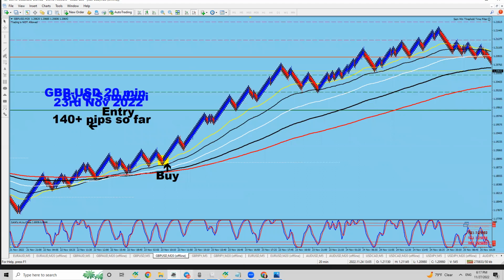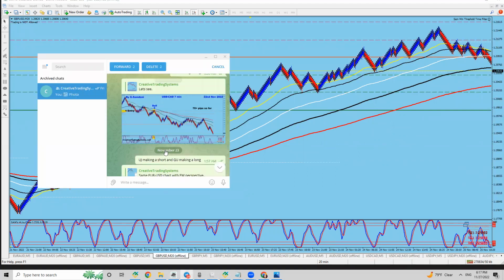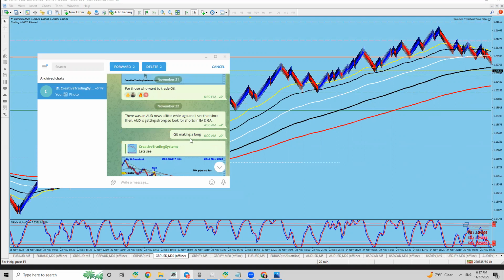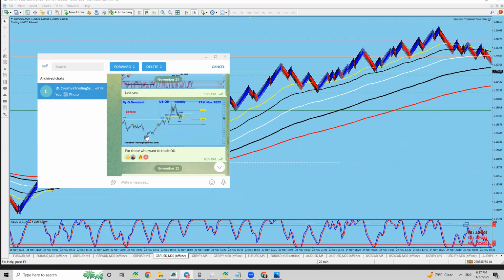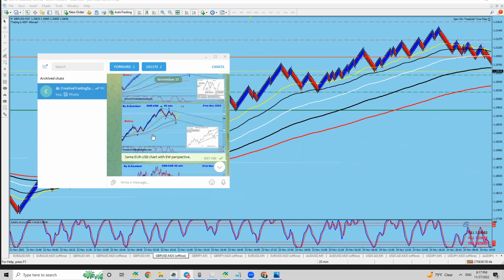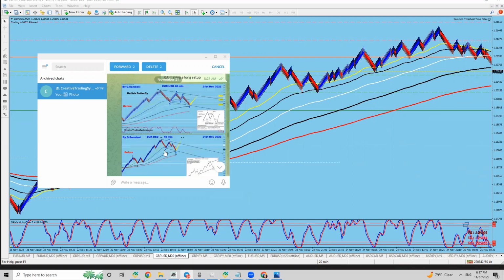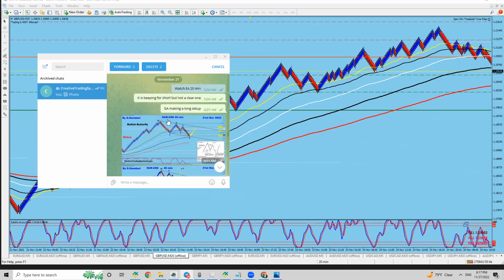All right, so this is what it is. And before that, GU making a long, that was basically the same thing, the trade that I just showed you. And before that was on the 21st. You see all of these harmonic patterns. It's just a 40-minute chart showing the direction of different things. Now, GA making a long setup, and EA no entry. And GA on the 21st, GA making a long setup at 8 o'clock.